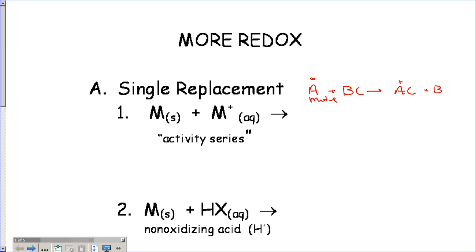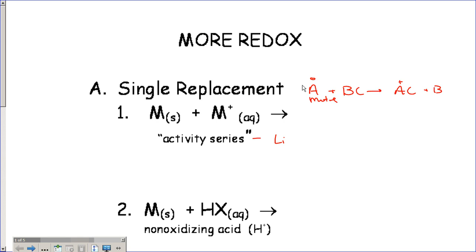These reactions occur in solution, so of course now we're going to have to write net ionic equations. And last year we looked at an activity series to determine which of those metals were the most reactive, and we know that lithium is the most reactive of all of those metals.